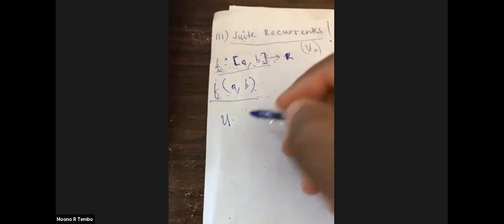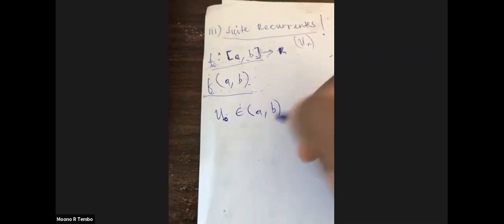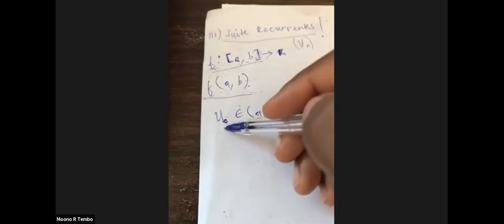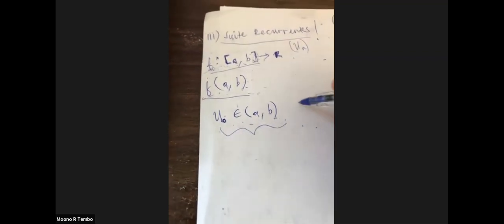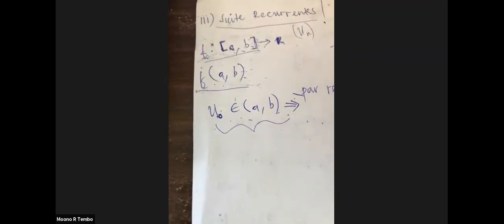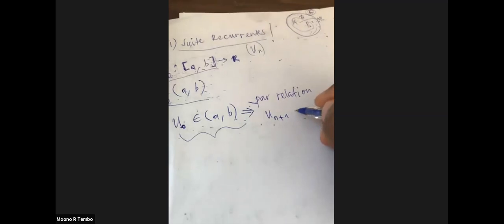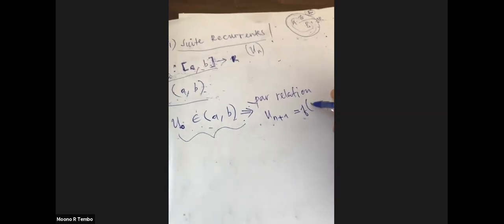So what you're going to do in this case is say your suite domain, which is U and a small zero, is going to be a member of your A and your B. And then when you relate these, by relation, your suite n plus 1 is going to be equal to your f in function of u n.